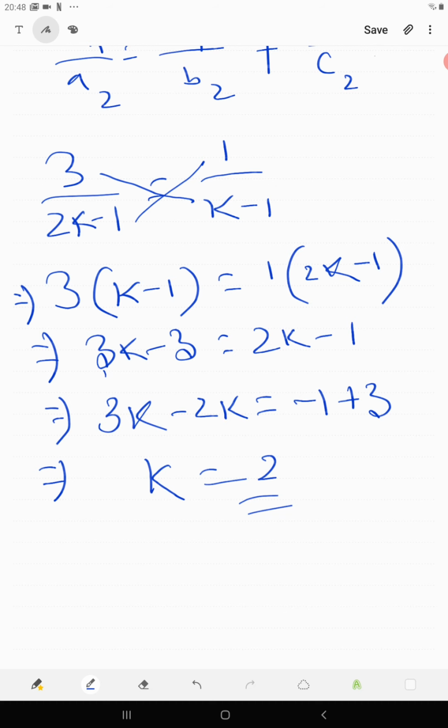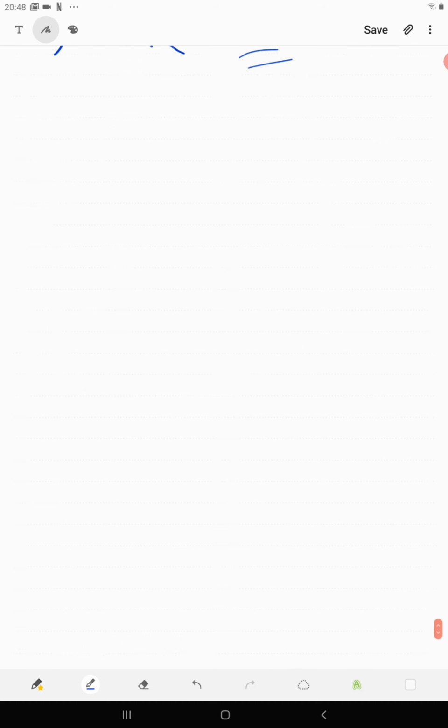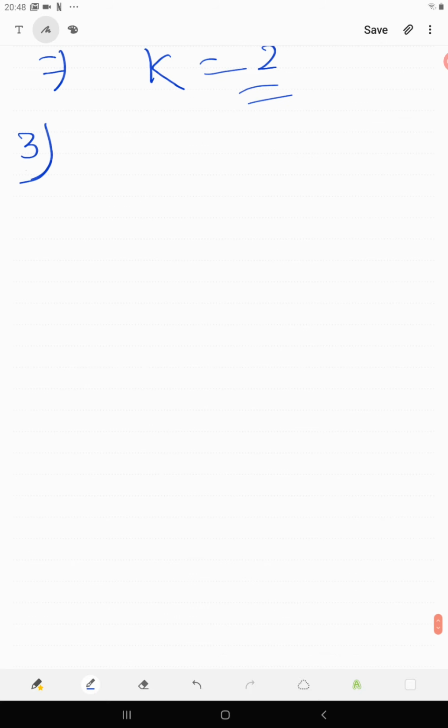Okay, now let's do the third problem. The third problem is: solve the following pair of linear equations by the substitution and cross multiplication methods. So we need to do both, substitution as well as cross multiplication.